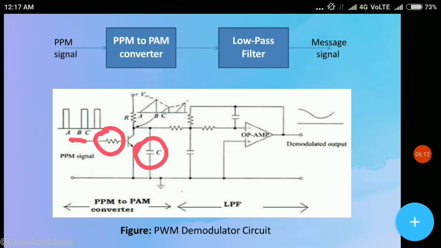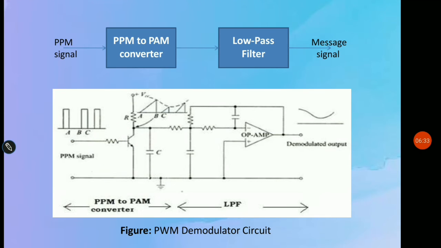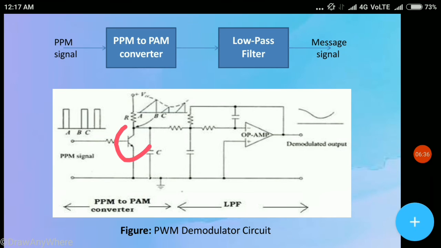Here R is shown. During the pulse duration BC, the capacitor discharges through the transistor, and the collector voltage becomes low.